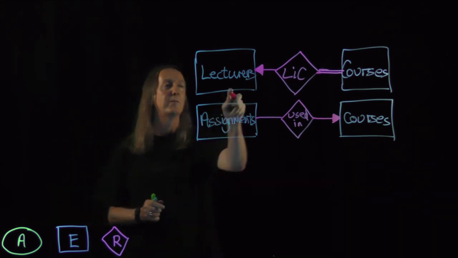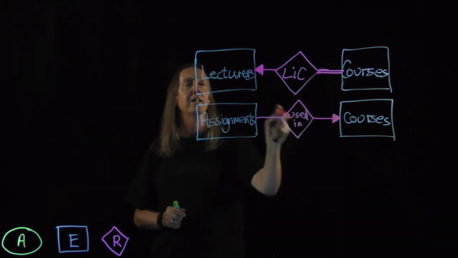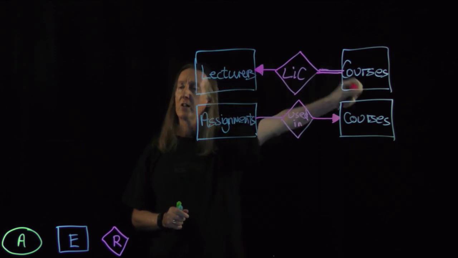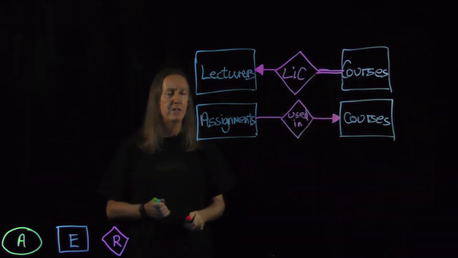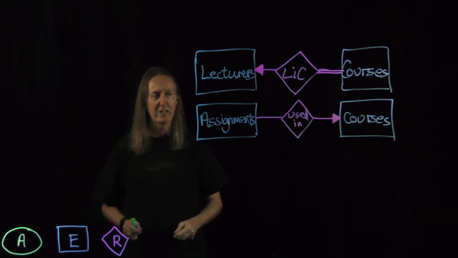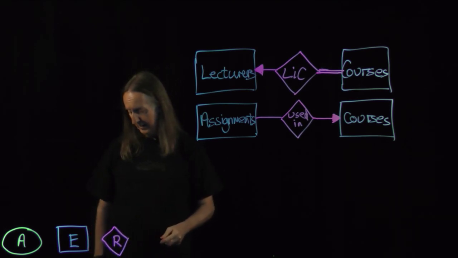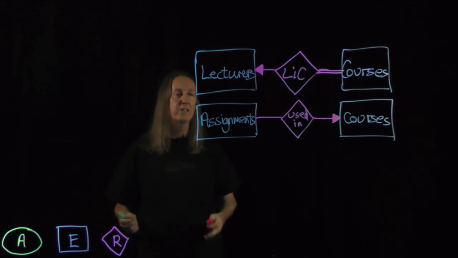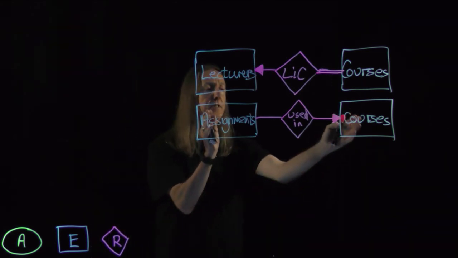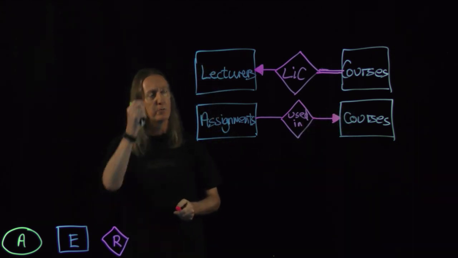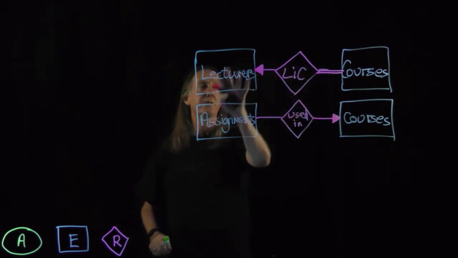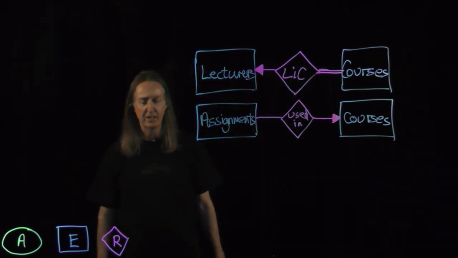And I didn't mention up here, the fact that there's no arrow here means that a given lecturer could be the lecturer in charge of several different courses, but each course will only have one lecturer in charge. And if you remember back to the original requirements, the facts about assignments and courses are actually specified by two bullet points. This relationship here was specified by a single bullet point.